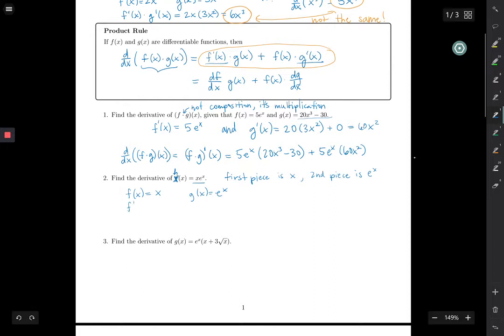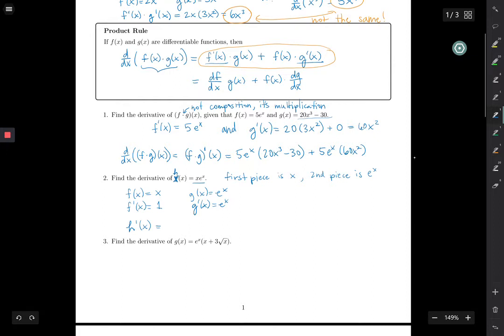Okay, so we should also take the derivatives of these. So the derivative of x is 1, derivative of g is e to the x, and then the derivative of h, which is the x times e to the x, will be, well, we should use the product rule in this case.